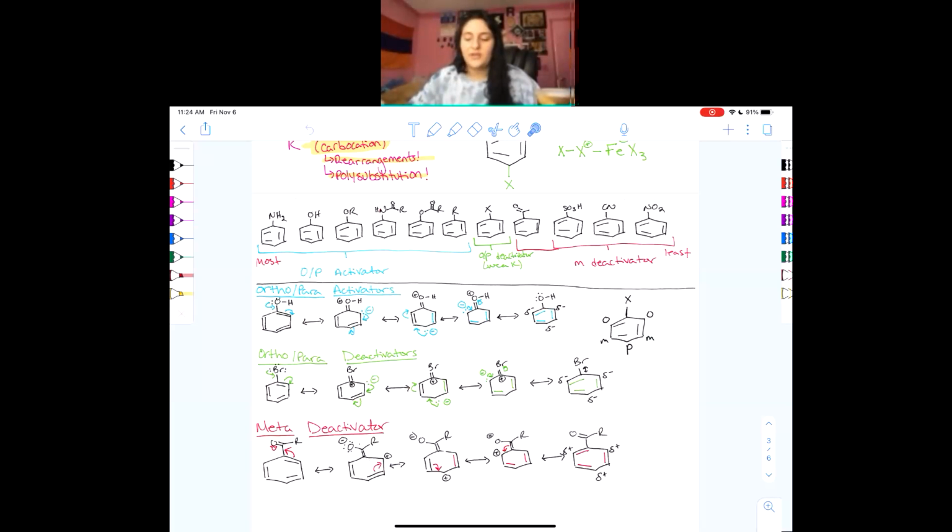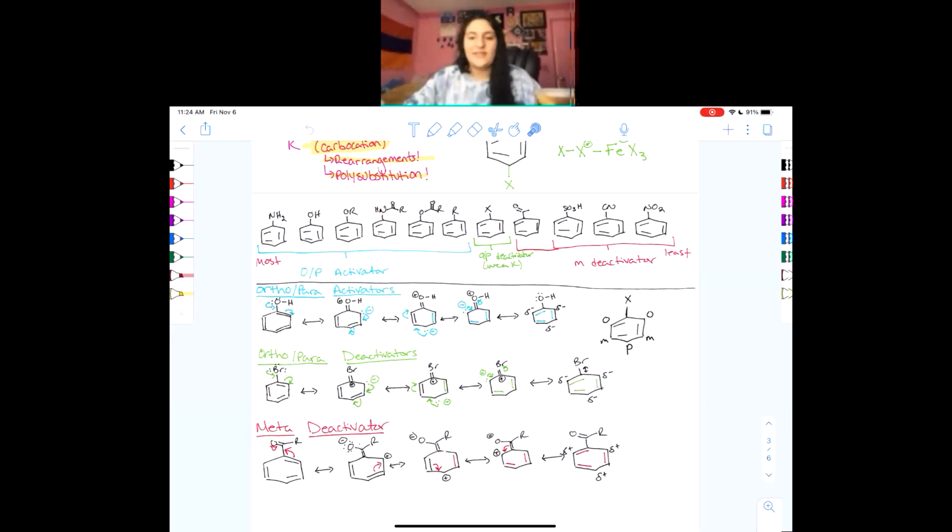And then just know all of these groups kind of in order. Know that NH2 is the strongest activator, that NO2 is the strongest deactivator. Know that halogens have their own category because they are ortho-para directing, but they're weak deactivators. Things like that for chapter 15.